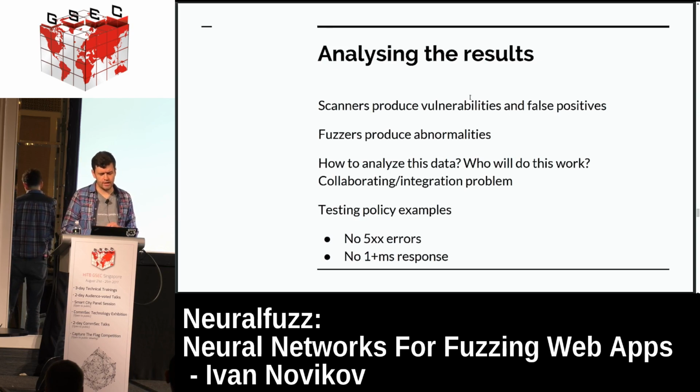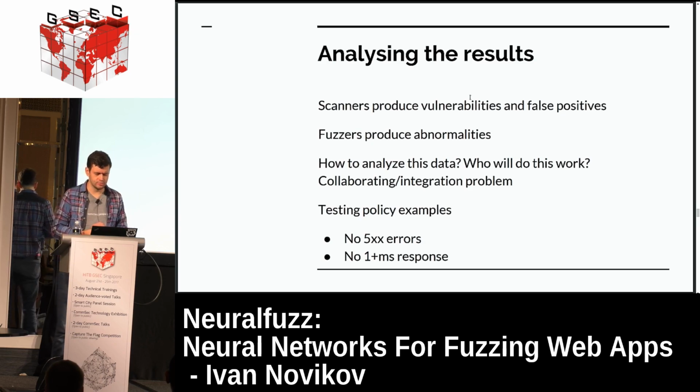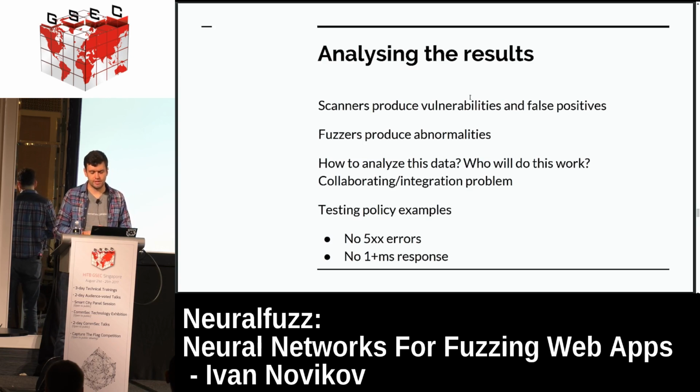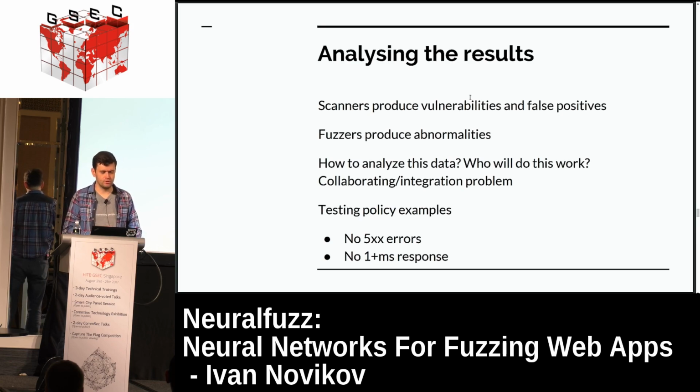My suggestion now is just to apply some sort of manually predefined testing policies. For example, when I try to fuzz something, I'd like to set a policy, for example, to have no 400 error code responses, or no responses longer than 1 millisecond or something like this. But in future research, I'll try to solve this problem using neural networks as well.